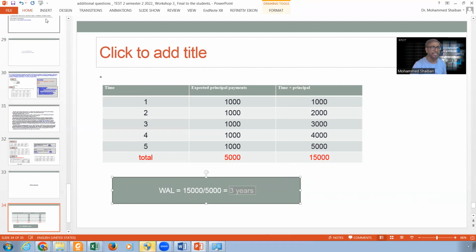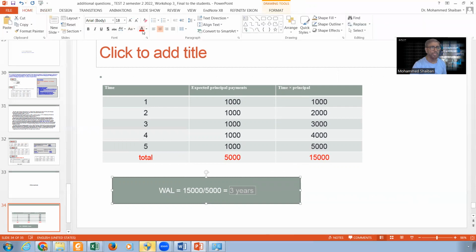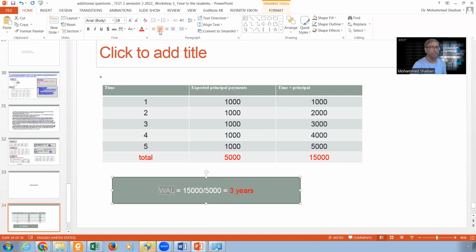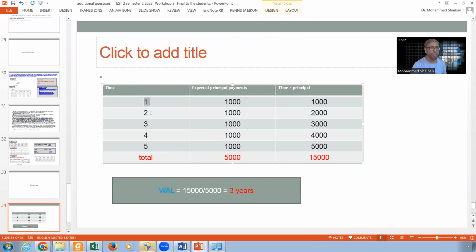So if you see a question like this in the exam, please calculate the WAL in this manner. The WAL is 3 years, while this loan is actually 5 years. The WAL is the weighted average of repayments of this loan if you take the cash flow of it.